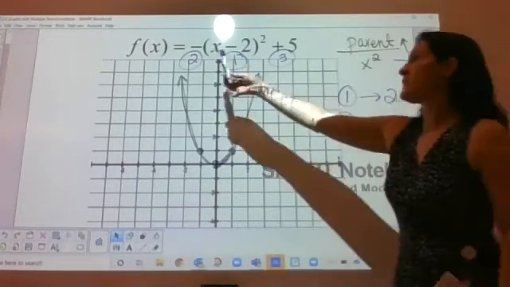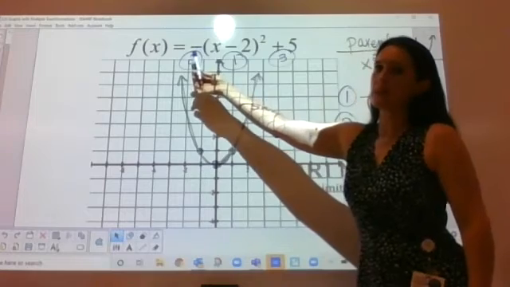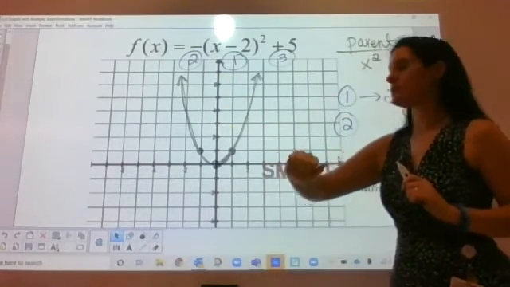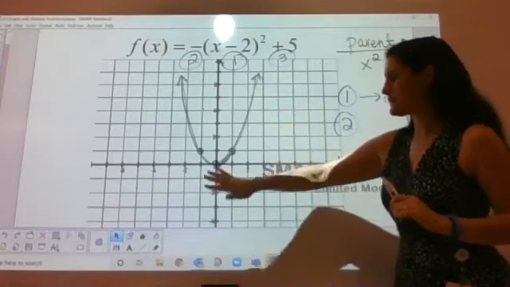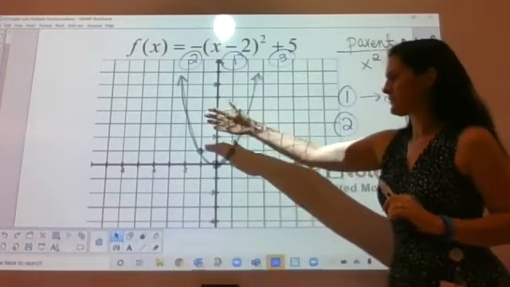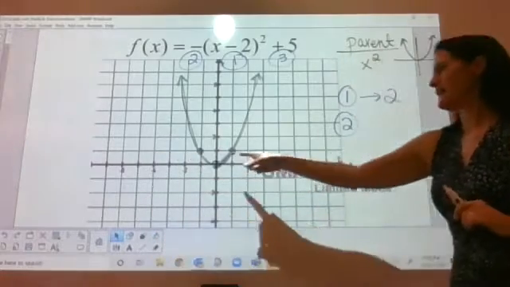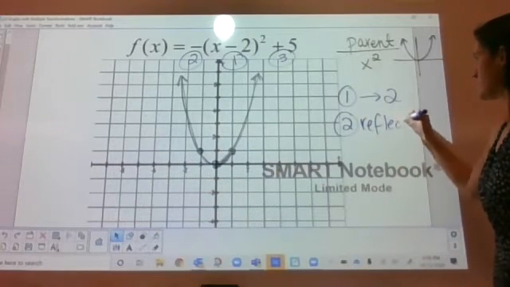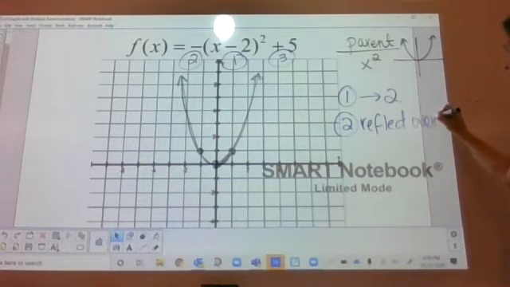And then a negative on the outside means you're taking the opposite of your y values. So if your y was positive, it becomes negative. If it's negative, it becomes positive. So this is a reflection over the x-axis. So you're going to reflect over x.